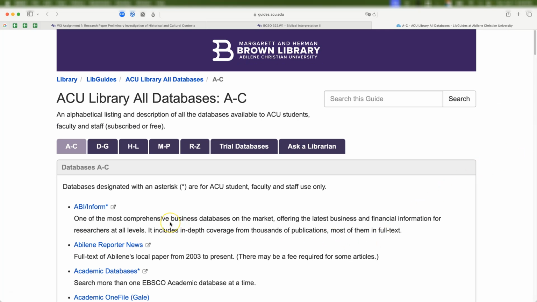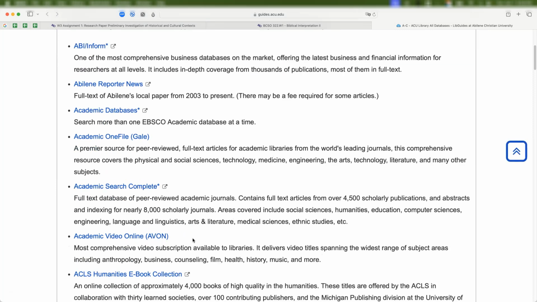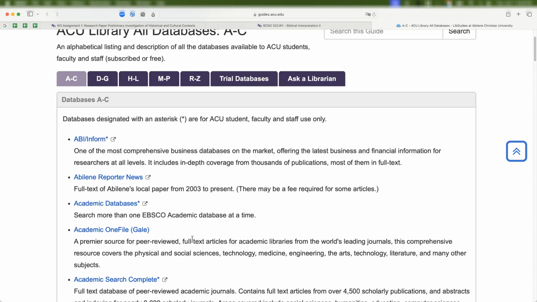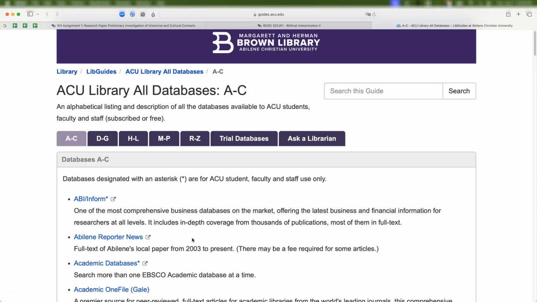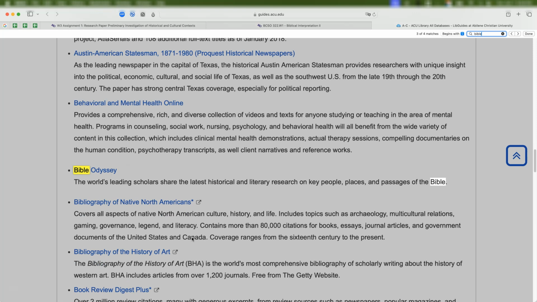So if you were planning on an academic direction that would involve a lot of research, it would not be a bad idea to read through this just to get a sense of what's out there. But probably if you're working on an undergrad assignment, you want to get something more focused. So you might try a word search and search for Bible. In which case, oh hey, Anchor Yale Bible Dictionary, that might be useful. Bible Odyssey, oh, that also sounds like it might be useful.